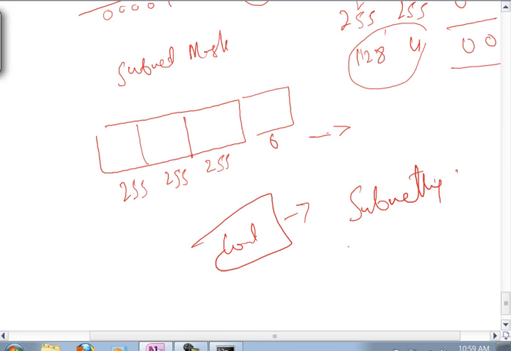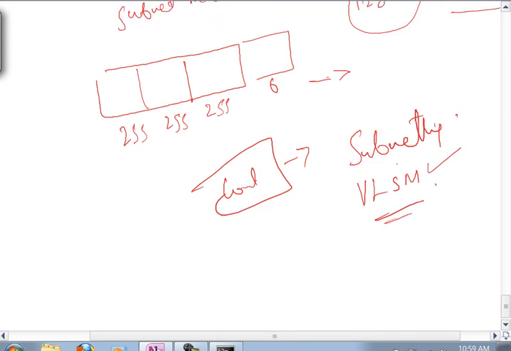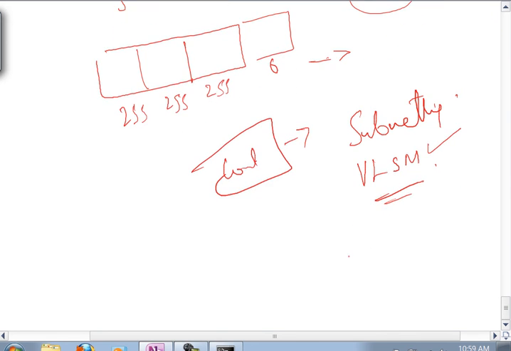We will do it tomorrow, and also variable subnetting, that is variable length subnet mask. We have read VLSI, very large scale integration, but it's not that. It is VLSM, variable length subnet mask. But I will see if I will teach you or not. Okay, I will teach you, no problem. Then we will see what is there. So tomorrow, inshallah.